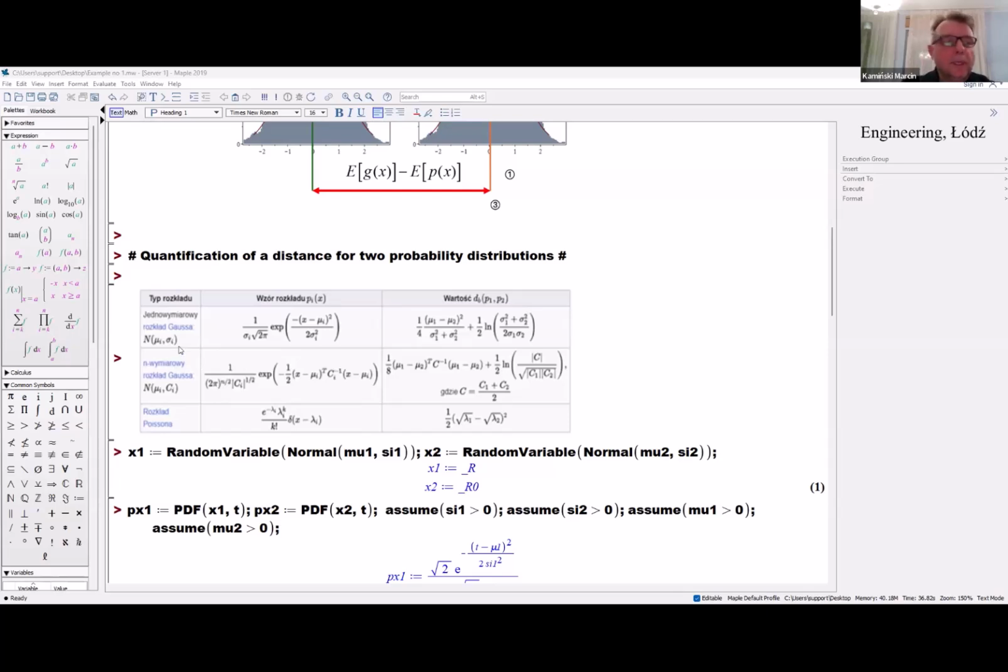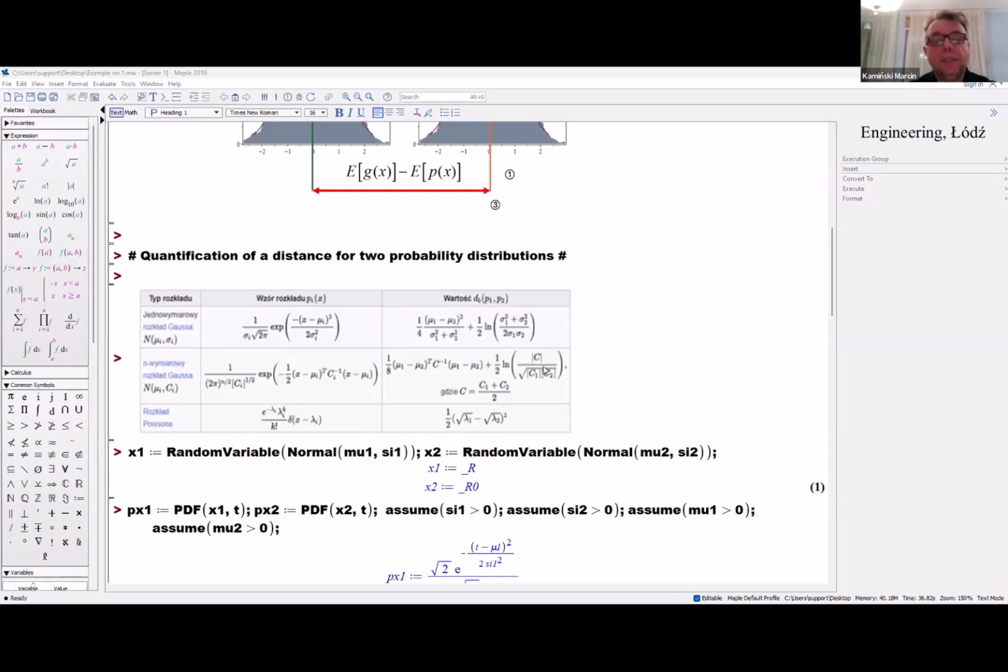Not frequently we have one-dimensional distributions. A more common situation is n-dimensional Gaussian distribution, and in this case we need to operate with some covariance matrices, which is much harder calculation.